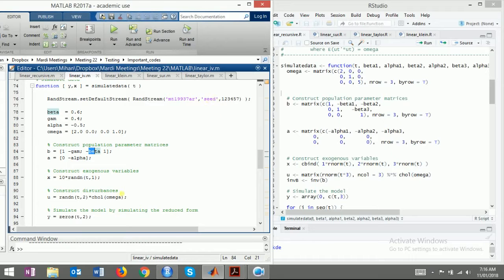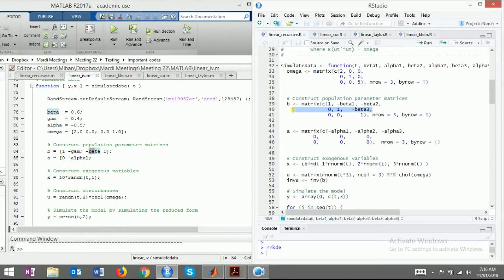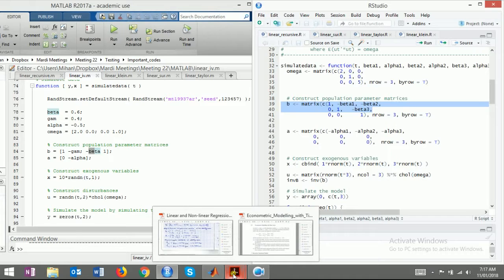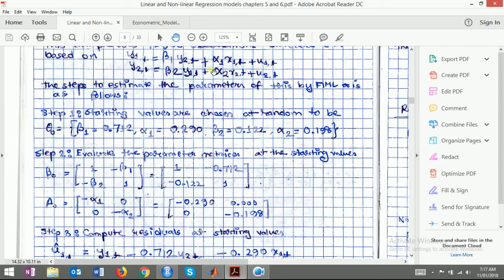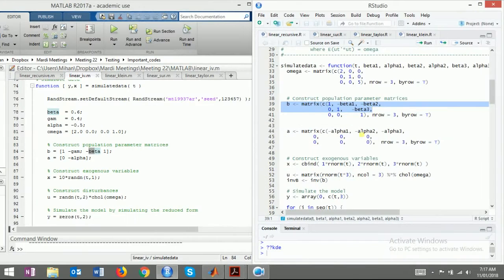Good, because now we are talking about 3, because in R the code is built around this equation where the maximum number of unknowns are there. So beta 1, alpha 1, beta 2, alpha 2, we want everything, given that the structure is this: beta 2, minus beta 1 minus beta 2 minus beta 3, 3 rows by row t.